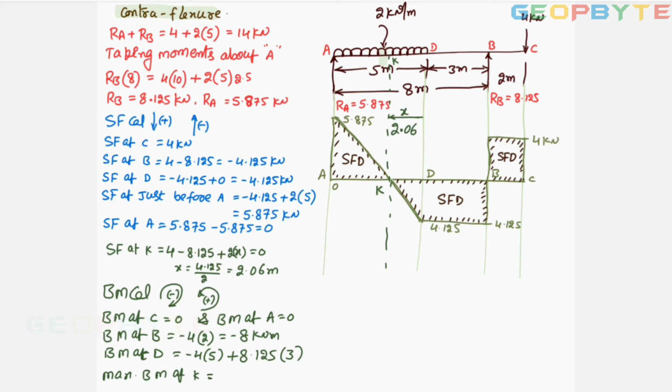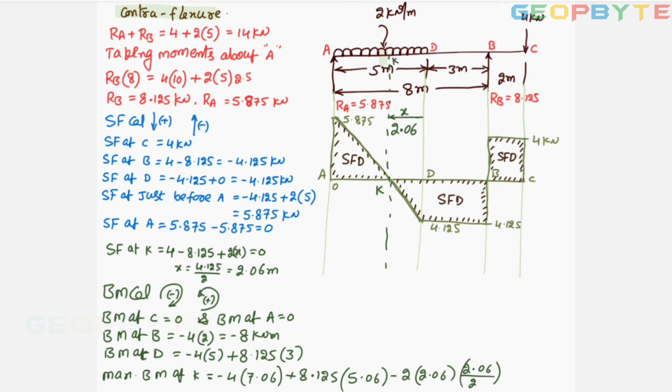Maximum bending moment at K equals minus 4 into distance up to K, that is 7.06, plus 8.125 into 3 plus 2.06, minus UDL 2 into 2.06, assuming the point load is acting at the middle, into 2.06 by 2.